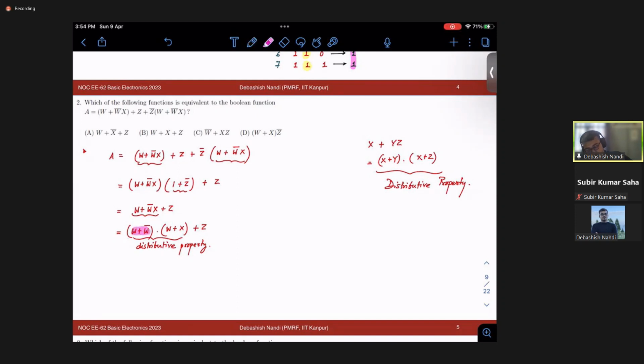This stuff is nothing but 1. So 1 and something is that quantity only. So here W plus X plus Z, right? This is the simplest we can get. Now do we see any option? Yes, B is the right option, right? So in this way you can use just these trivial formulas to get the solution.